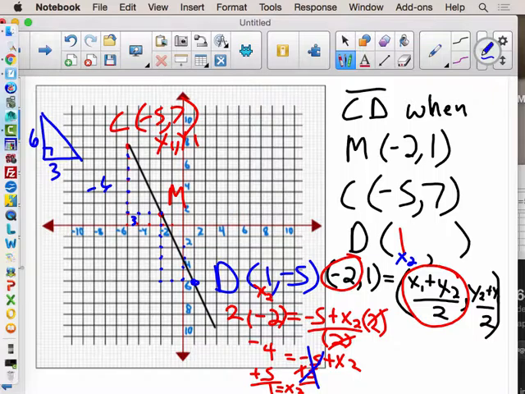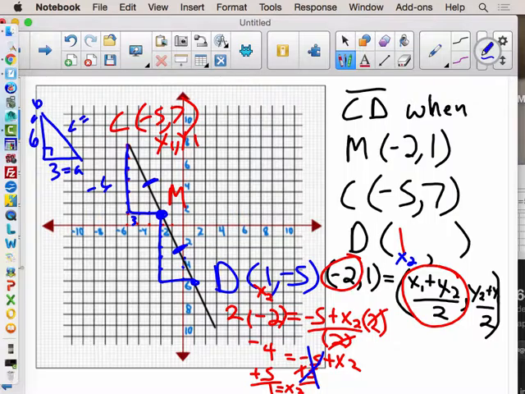And this is the hypotenuse. We're not asked to do this in this case, but we could use the Pythagorean theorem and get the length of the hypotenuse. But if I go down 6 and over 3 both times, my hypotenuse would be the same. That means that this line segment and this line segment are congruent, which by definition means that this is the midpoint. Okay? Well, that's a lot of stuff.